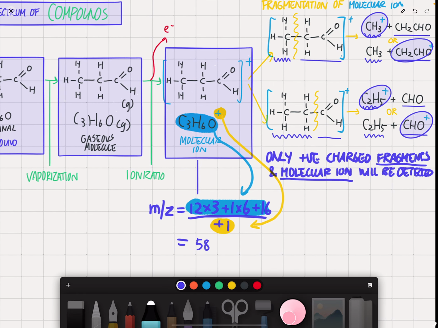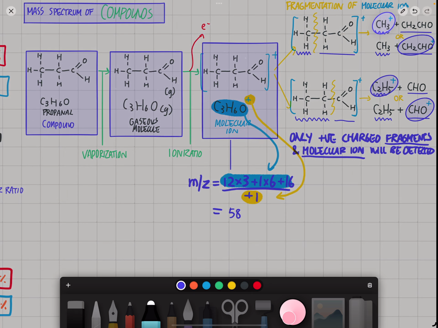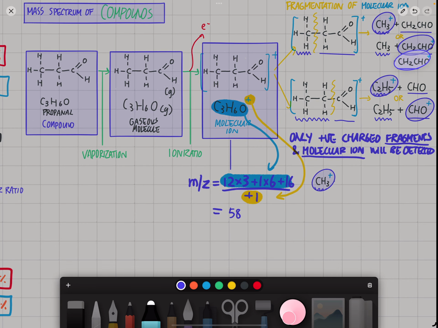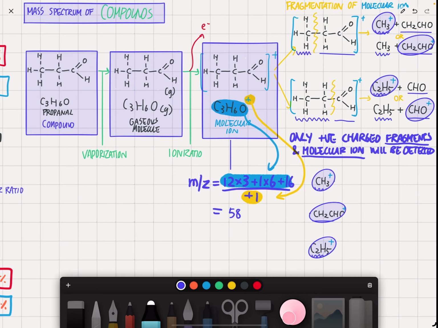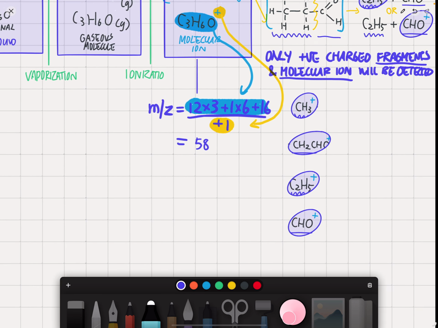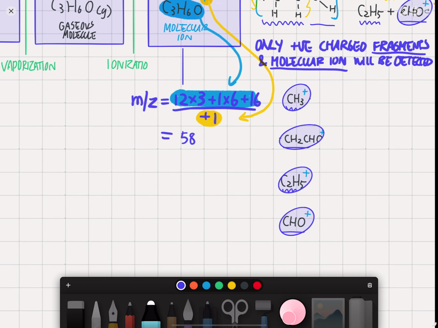Each of these fragments will have a different mass to charge ratio. So let me put this in here. You have this fragment, then this fragment, then another fragment in here, and finally this fragment is also possible. They can be formed in the fragmentation process, and you can individually calculate the mass to charge ratio.